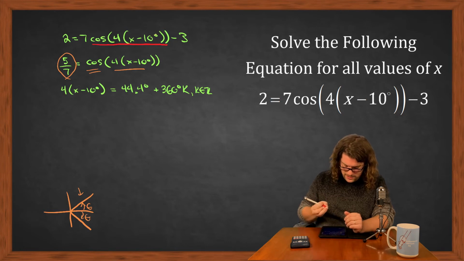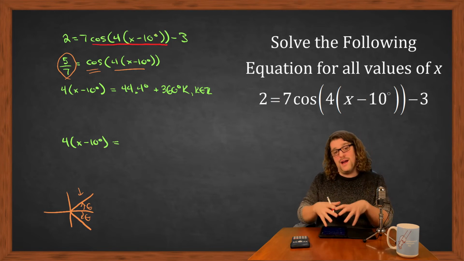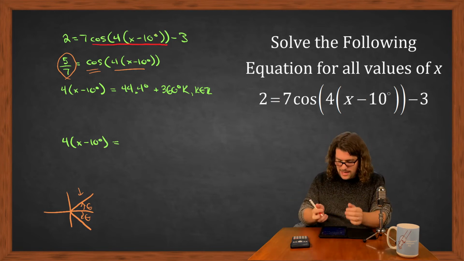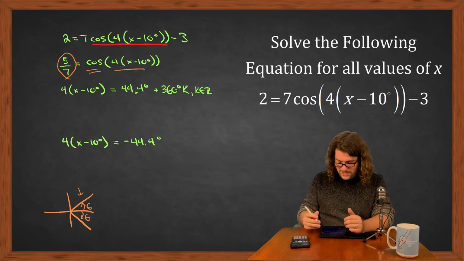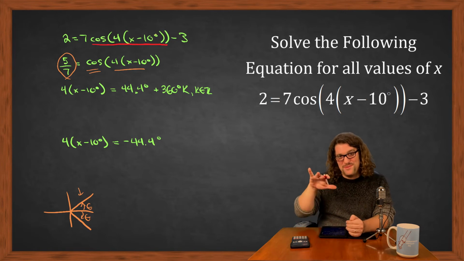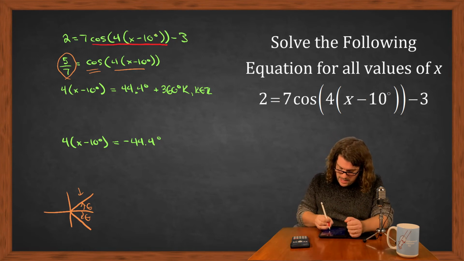My reference angle is going to be the same, so the easiest way to write that next line that I'm going to look at in a moment would be that the exact same angle, my whole argument together, is going to be equal to negative 44.4 degrees, because that's probably the easiest way to refer to that negative rotation. I could go all the way around and say that it's 44.4 degrees less than 360, but I like the negative showing up here. It doesn't give me any weird feelings, so there we go.